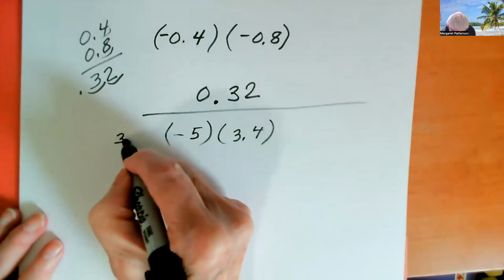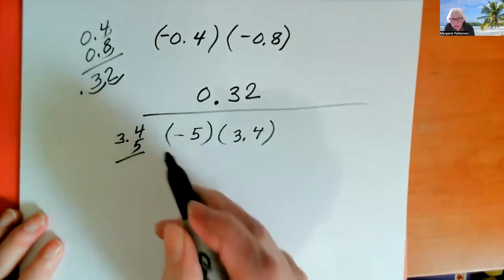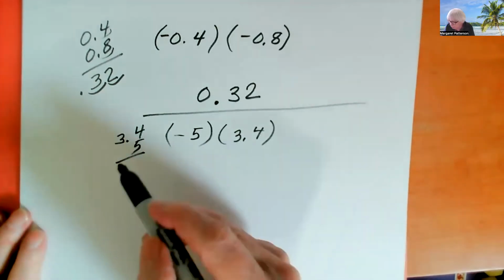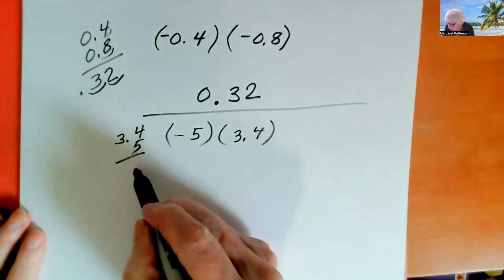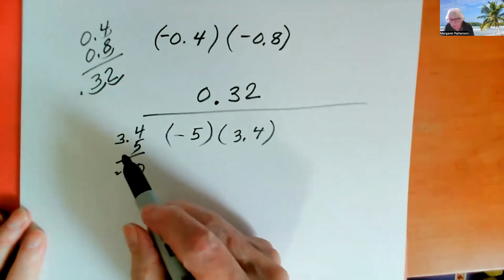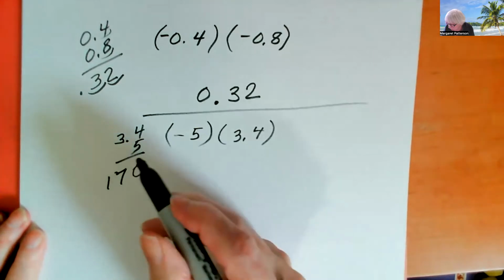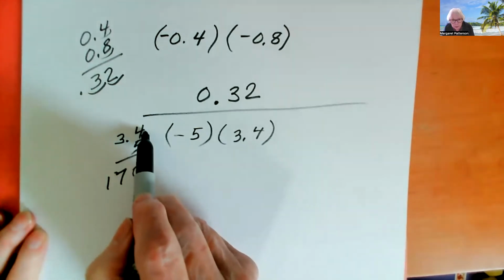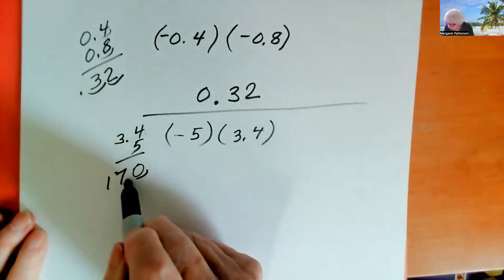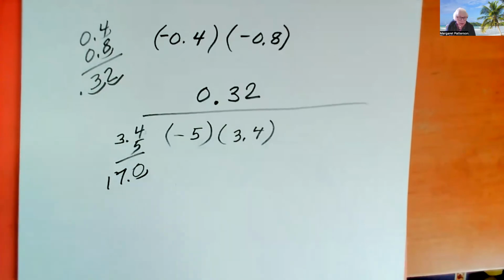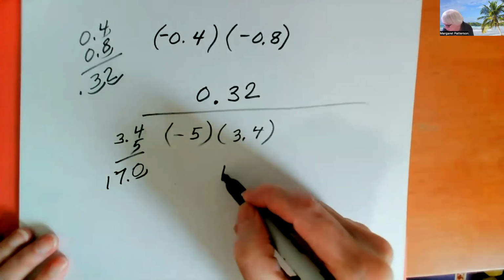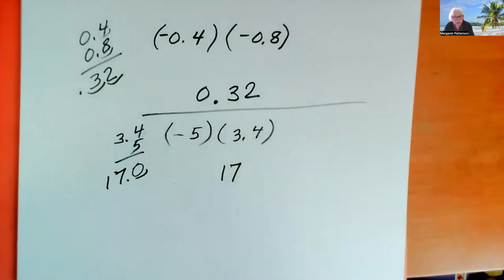And so what I would do is do the number part first. 5 times 4 is 20. Or get 2. 5 times 3 is 15 and 2 is 17. There's one decimal in here. So the answer is 17.0, and we might as well just say 17 because that's the simplest version.